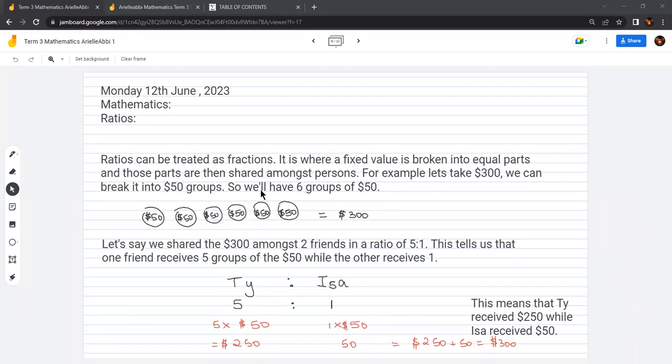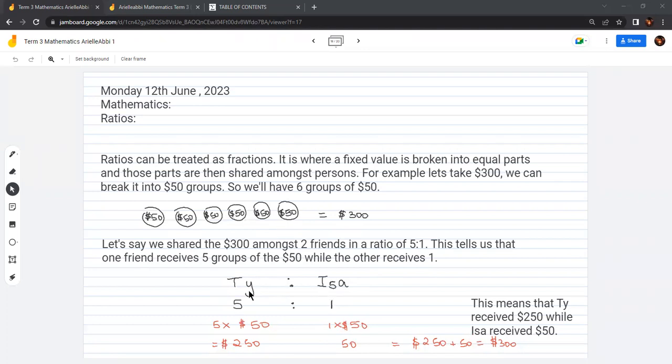Let's say we shared $300 amongst 2 friends in the ratio of 5 to 1. Now, this is simply telling me how many of these smaller shares are given to each individual. It tells us that one friend receives 5 groups of the $50, so they'll receive 5 $50 groups, and the other will receive one $50 group.